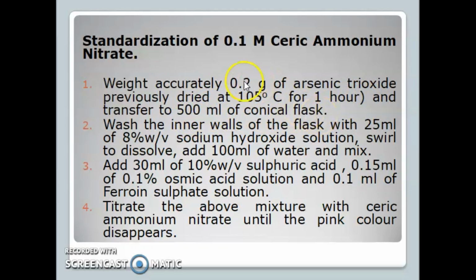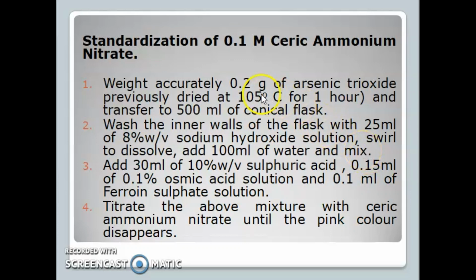To this 0.2 gram of arsenic trioxide, add 25 ml of 8% sodium hydroxide solution. You have to add it in such a way that the inner walls of the flask get washed. After that, swirl to dissolve it, and then add 100 ml of water. Mix it well.